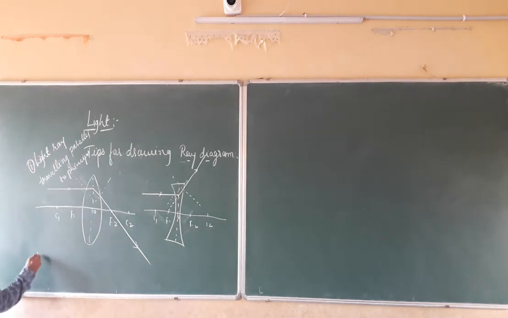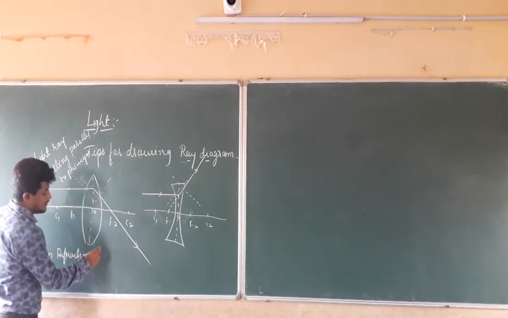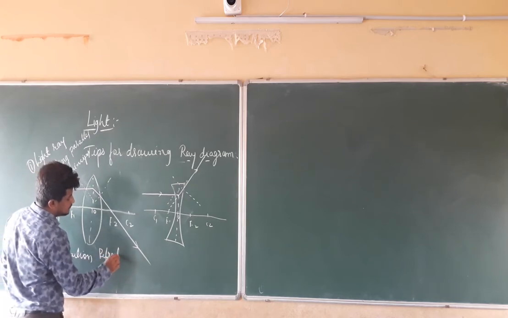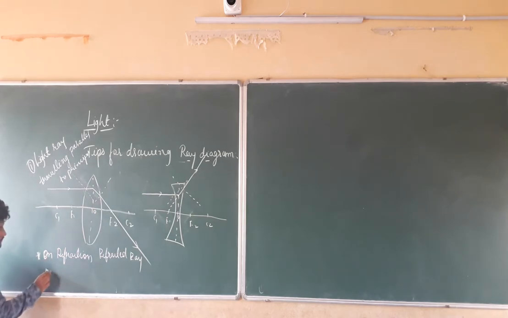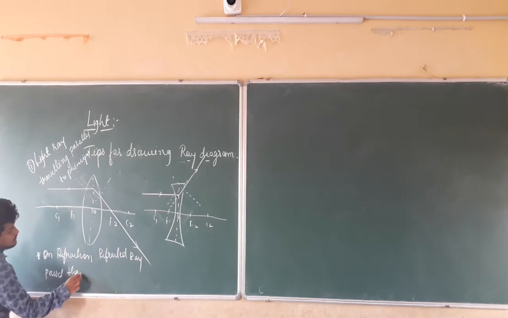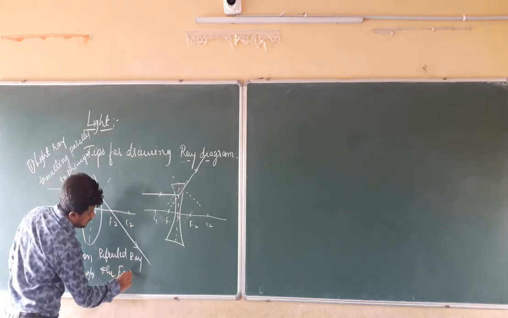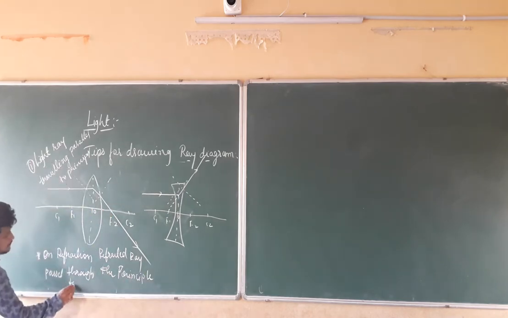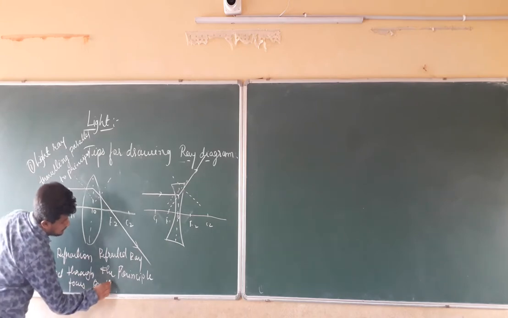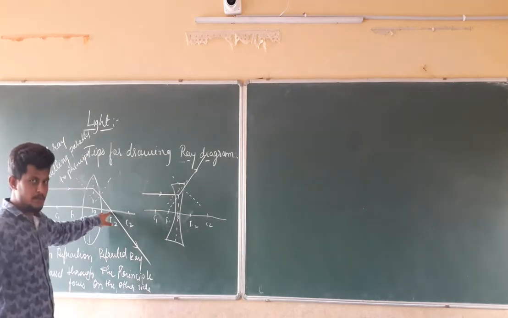On refraction, in the case of a convex lens, the refracted ray passes through the principal focus on the other side. This light ray is going to travel through the principal focus on the other side.